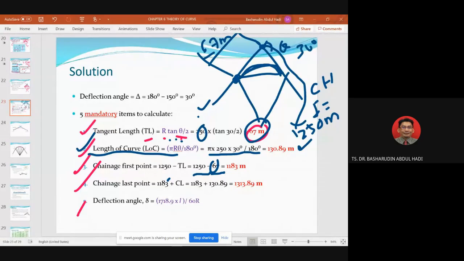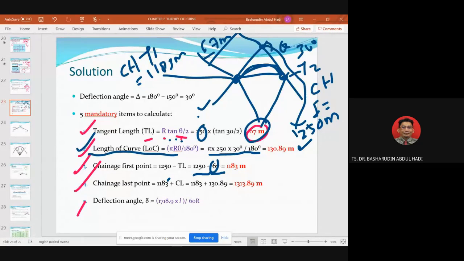So you get 1183 meter here. So your chainage at point T1 is equal to 1183 meter.